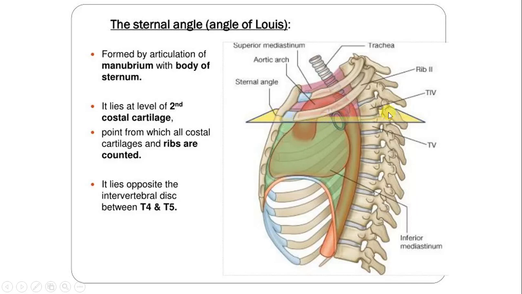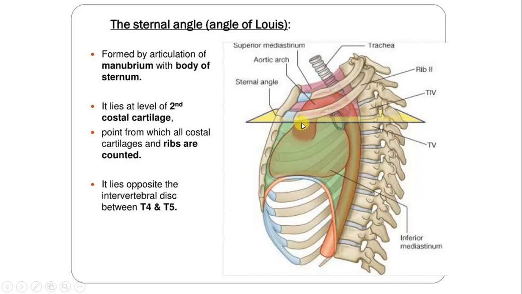Here is shown the sternal angle formed by the articulation of the manubrium and body, at the level of the second costal cartilage, and behind it is the level of T4, the intervertebral disc between T4 and T5. Very important structures are present at this level. First, it separates the superior mediastinum from the inferior mediastinum.